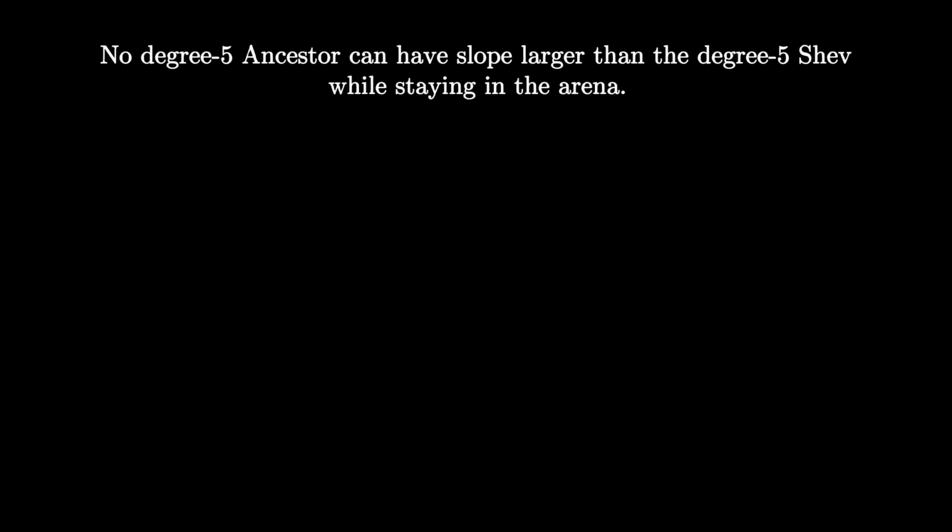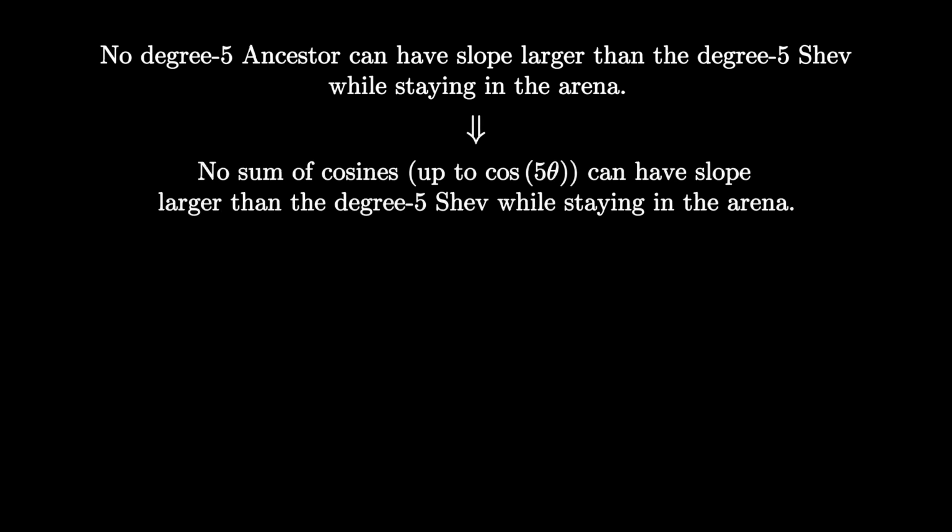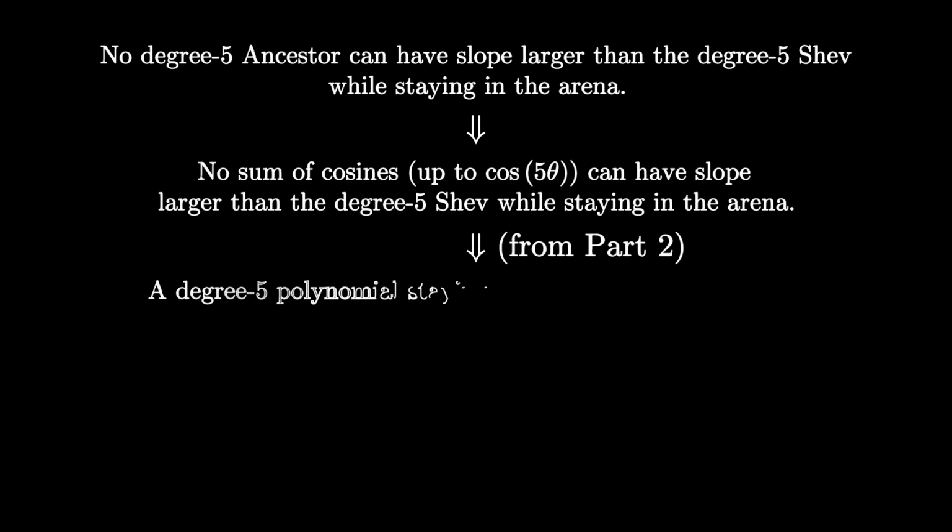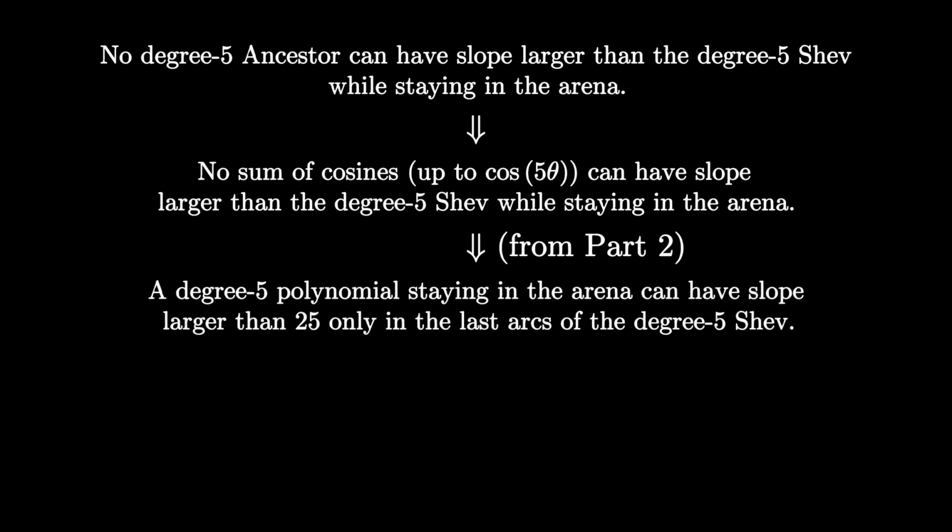Let's take a look back at the highlights that led Shev to this point. In this video, the Shev shows that it is the best among all contesting ancestors of degree 5. And that means that it is also the best among all contesting sums of cosines up to cos of 5θ. From the previous video, we know that means that no contesting polynomial of degree 5 has a slope larger than 25 in the middle portion of the plane.